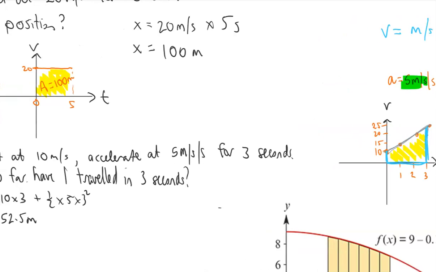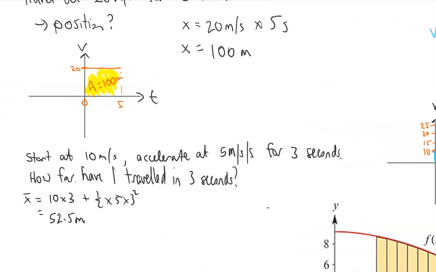Now, how do I know it's position? Well, first way I know is, you might recall, I rubbed it out and I probably shouldn't have. Let me go back to this. So this was the formula that we had. ut plus a half times a times t squared. Now, u is my initial velocity. In this question, what's my initial velocity? 10.